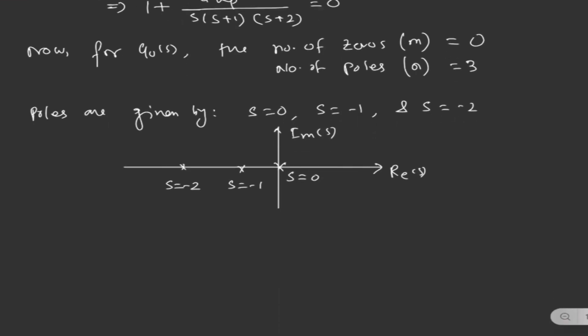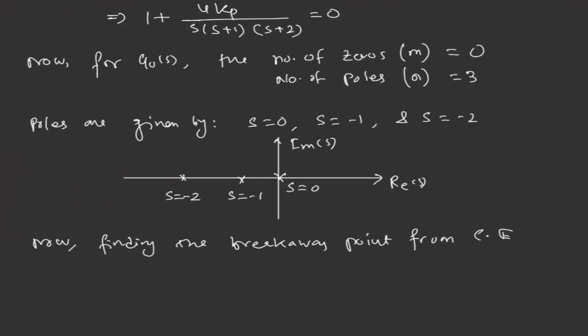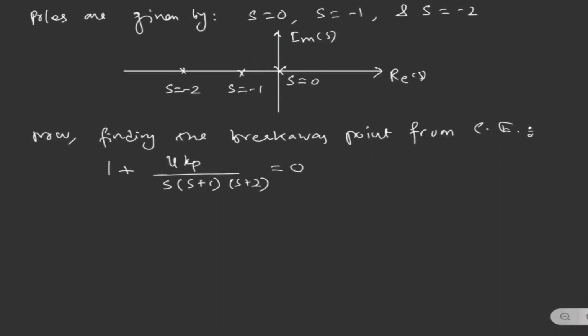So now we first find the breakaway point. For finding the breakaway point, we consider the characteristic equation 1 + 4Kp/(s(s+1)(s+2)) = 0, and we have to find the gain from this expression.